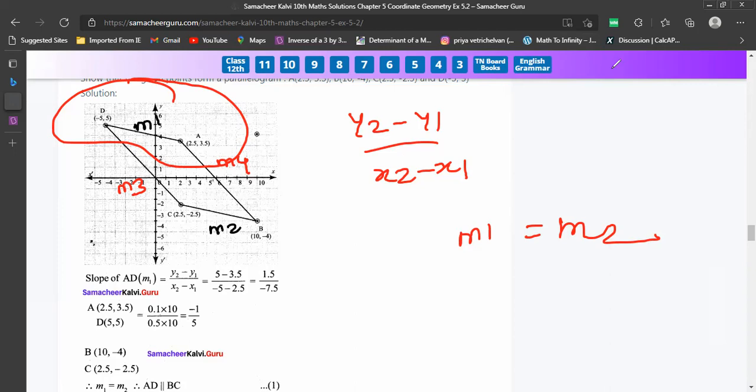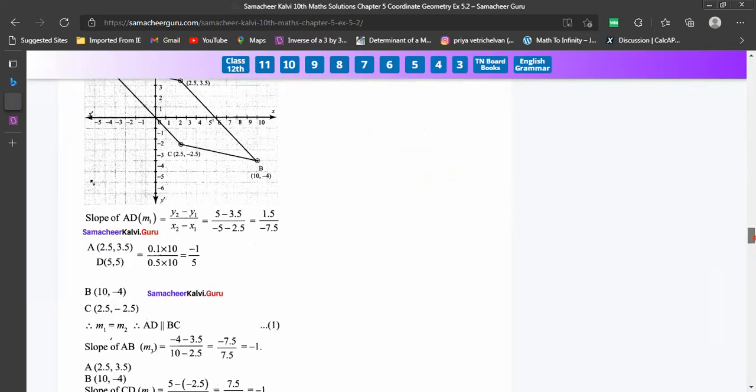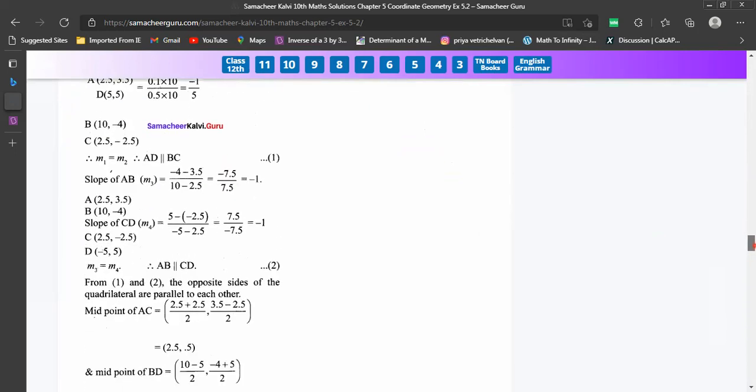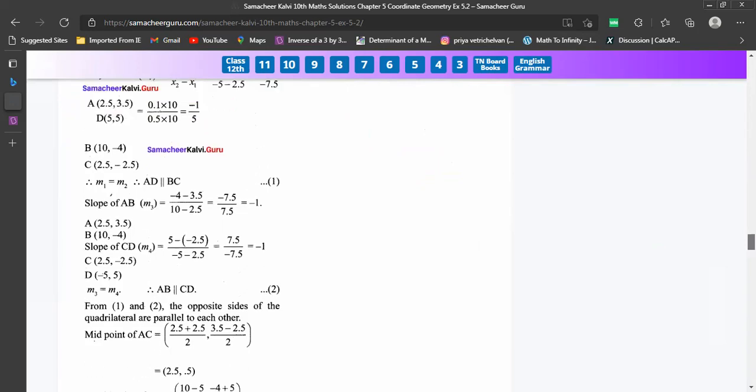Yeah, I got the answer. They're parallel. They are equal. Okay. So use the same methodology for calculating the value of M3 and M4 also. From that we can say they are parallel to each other.